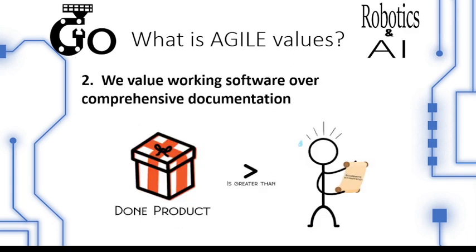And when you go to the second value, we value working software over comprehensive documentation. Before Agile came into place, there was the waterfall methodology, as we discussed in the previous video.